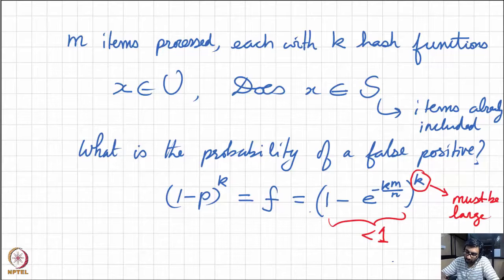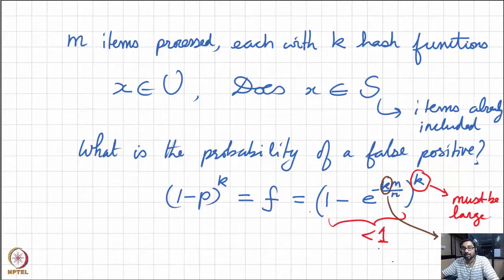On the other hand, let's focus on this other k. As this k increases, e to the minus km over n is going to decrease. And if that decreases, 1 minus e raised to the minus km over n will increase.